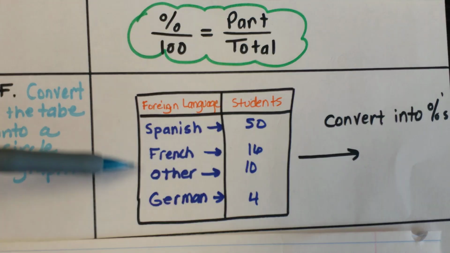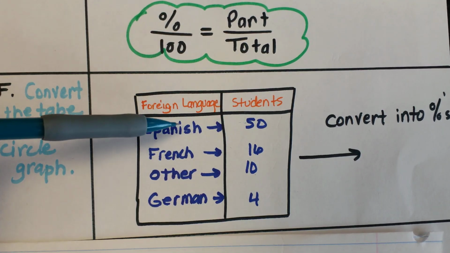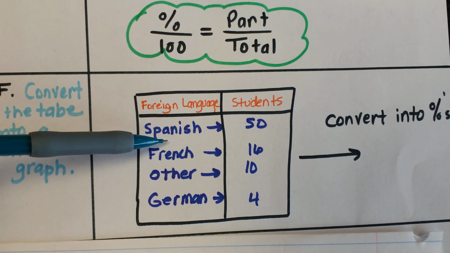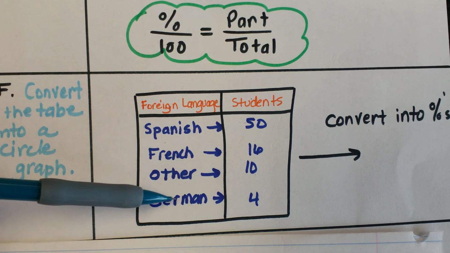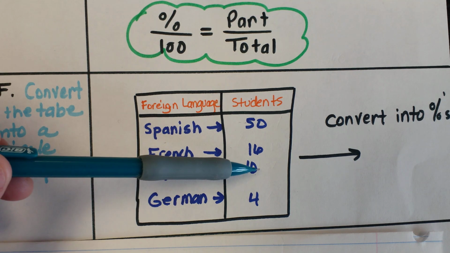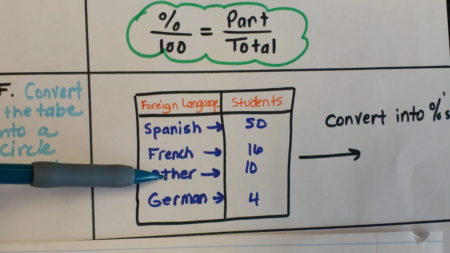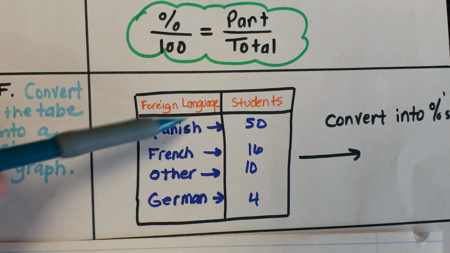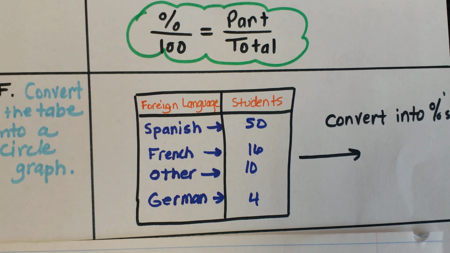Now, in this table, 50 of them take Spanish, 16 of them take French, 4 of them take German, and 10 of them take another language other than one of those 3. So we've got to take this and convert it into a circle graph.